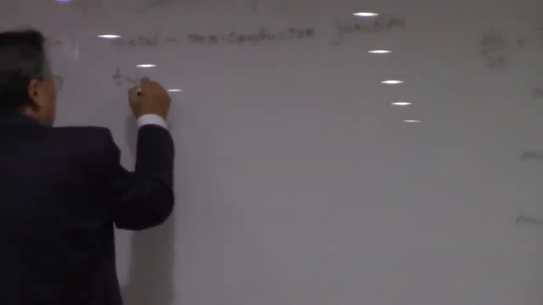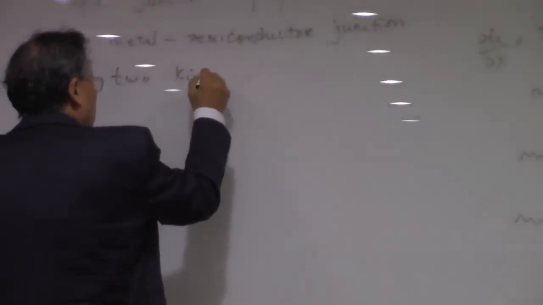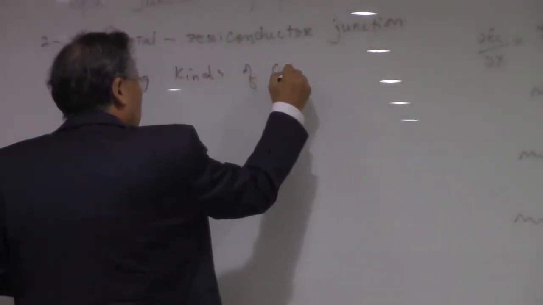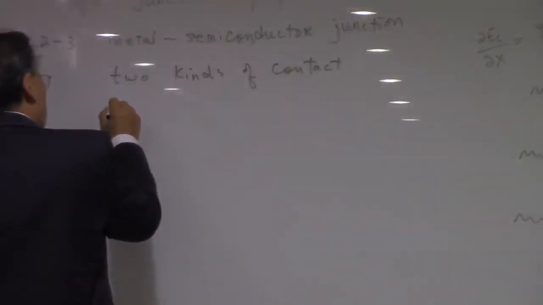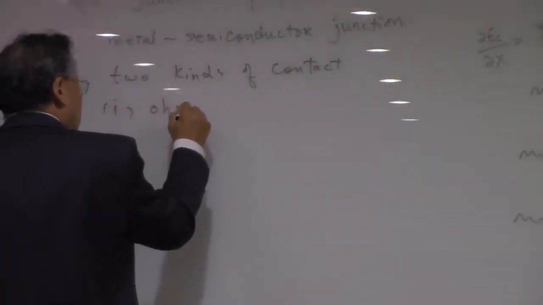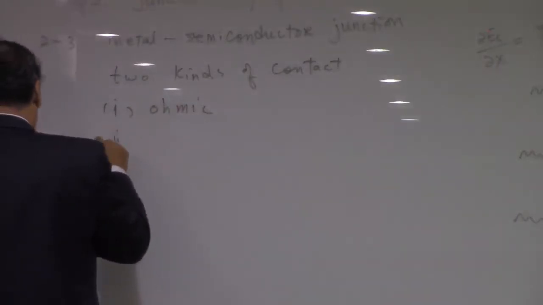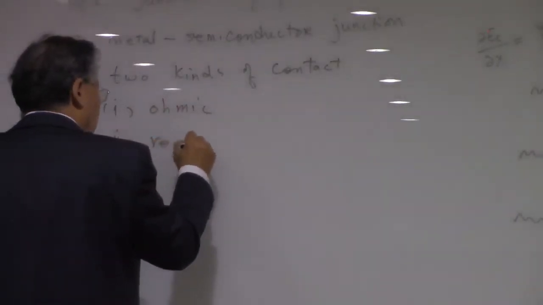There are two kinds of contacts possible in this case. One is the ohmic contact, the other is the rectifying contact.